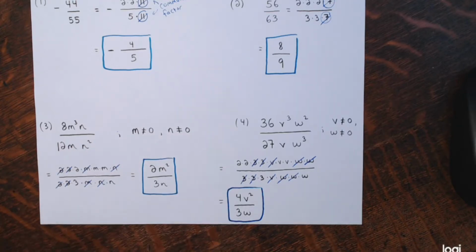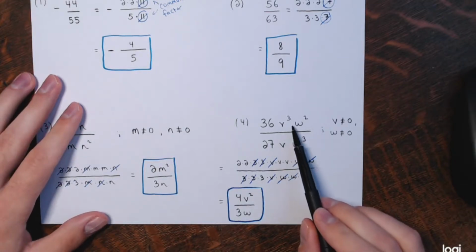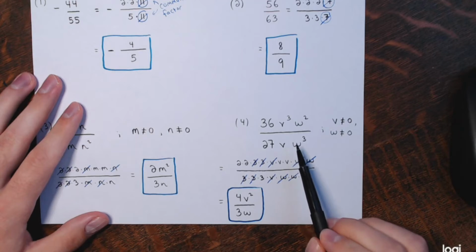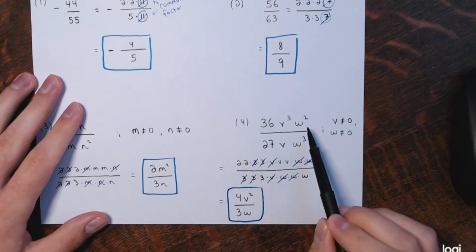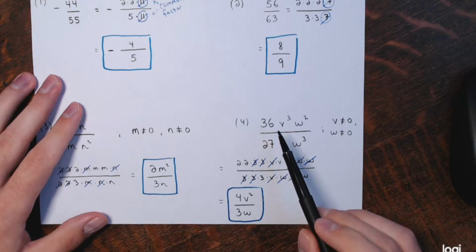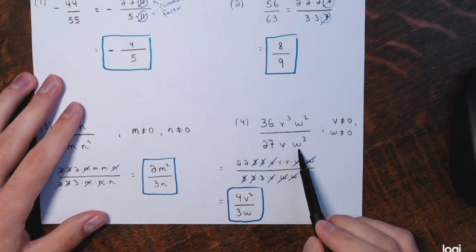And once again, if you want to test it out, replace v and w with any numbers except 0. And the original fraction's value should be the exact same as the simplified fraction's value. An easy one would be to replace v and w with 1.